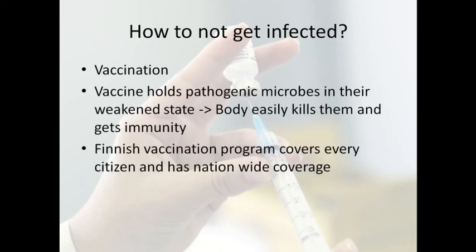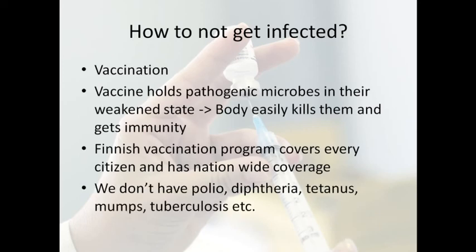Our vaccination program covers every citizen and has nationwide coverage, and this means that we don't have polio, diphtheria, tetanus, mumps and tuberculosis anymore. All these lethal diseases have been won already, and we don't have these because of the vaccination program. So it's something to be thankful for.